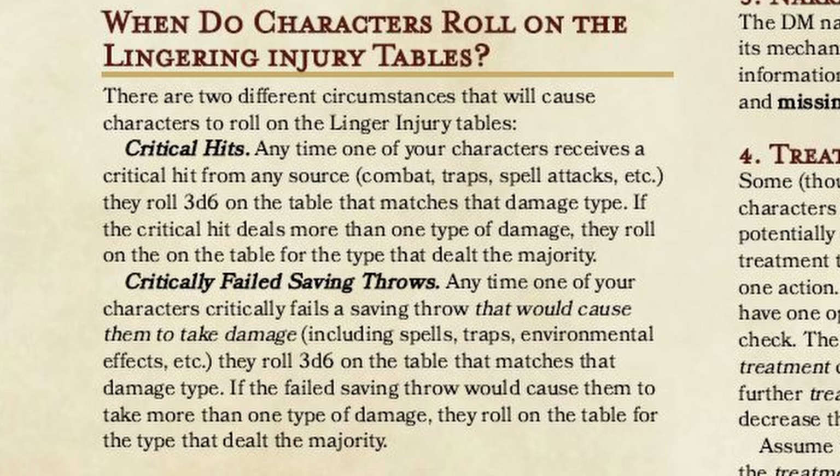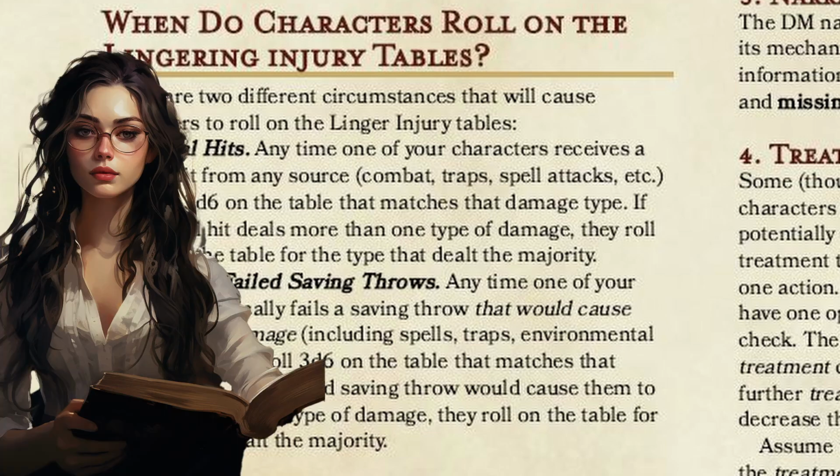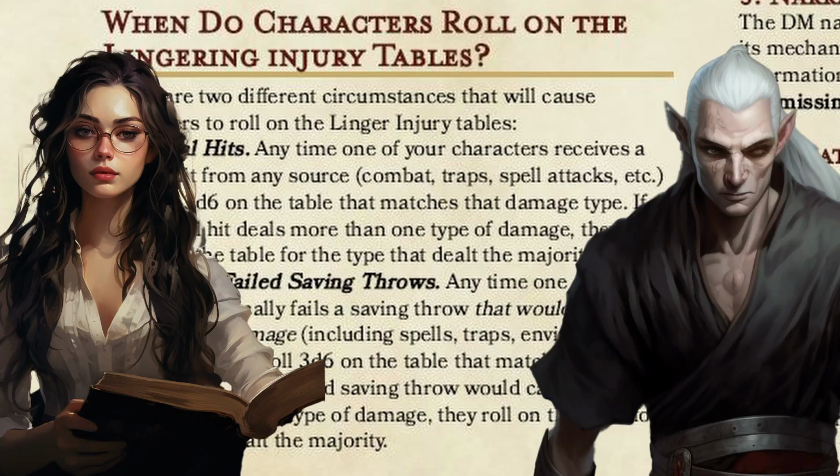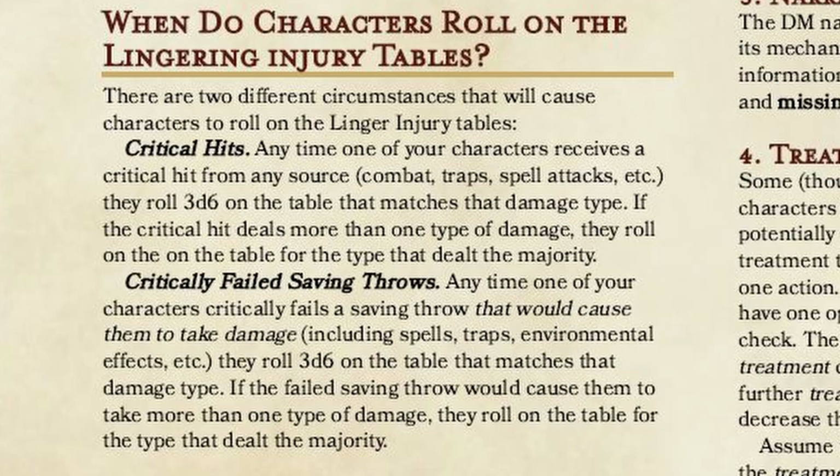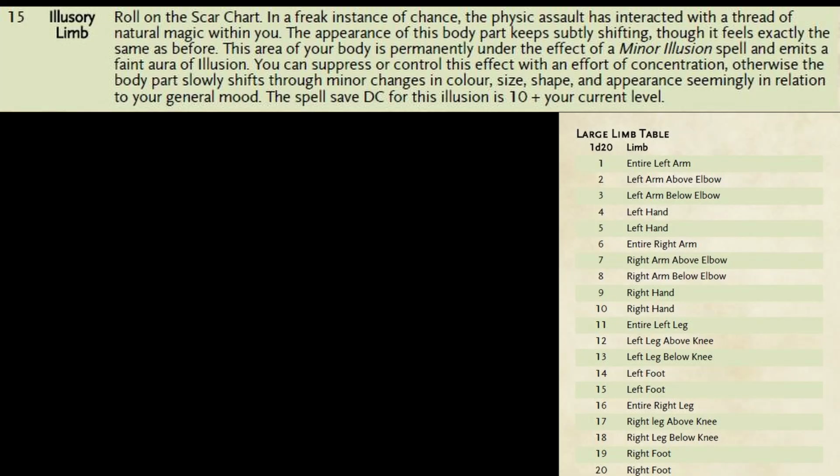Just the other night, one of my characters who's going through her own thing cast Vicious Mockery on one of the other players. He rolled a natural 1 for the save. So then he took psychic damage. And I think he rolled an ability where the psychic damage infuses with the magic that's already inside him. And then you have to roll on the body chart to see where it affected.